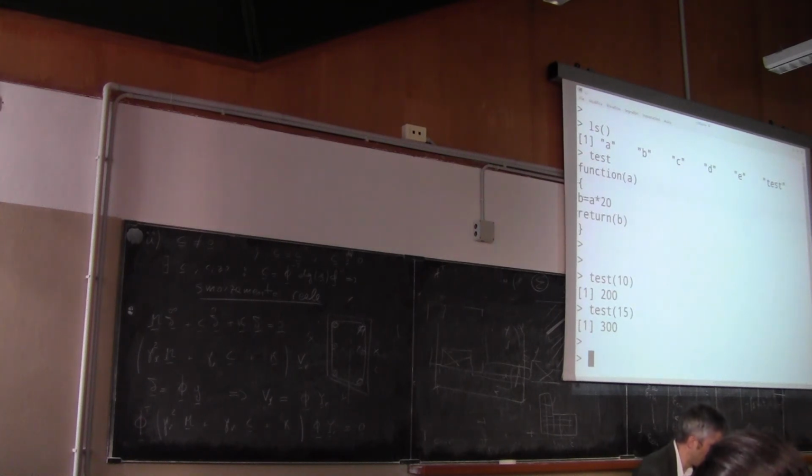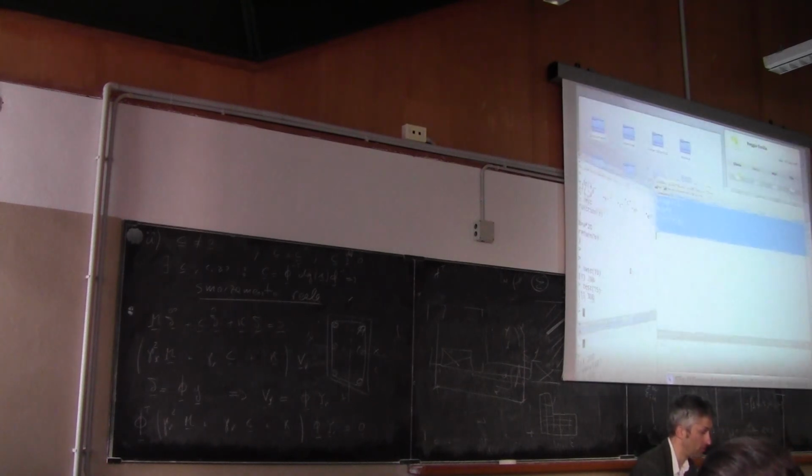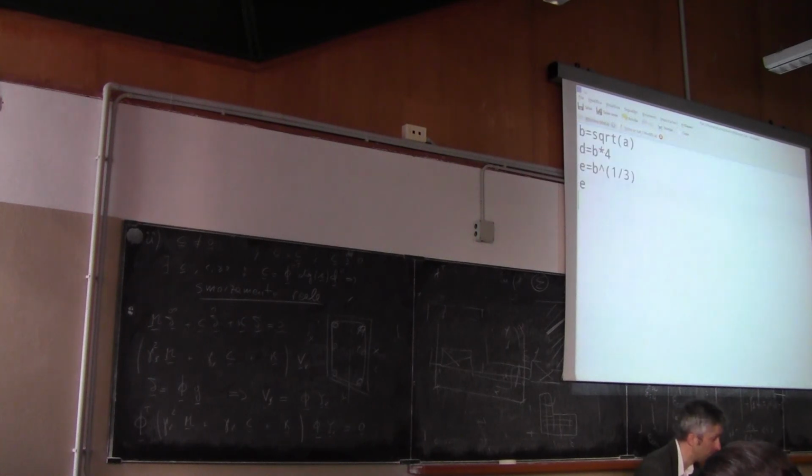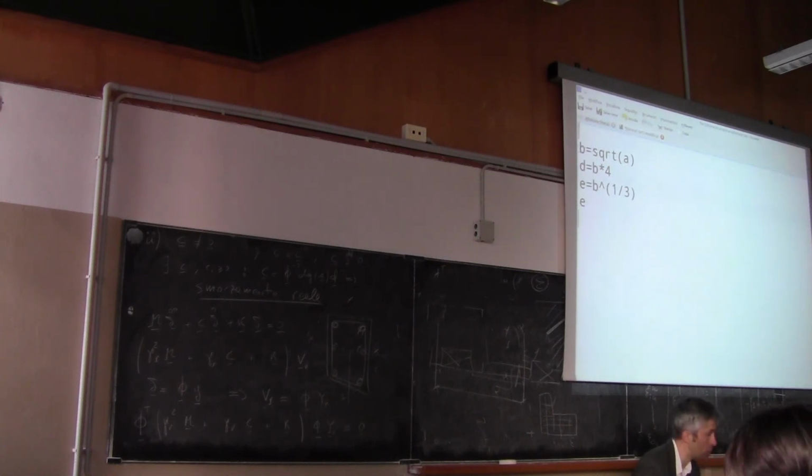if, for instance, we want, and let me go back to the original function that I wrote in this file. If we want to write this function, which is a bit complicated, I prefer not to use the command line, but to write the function in the file.